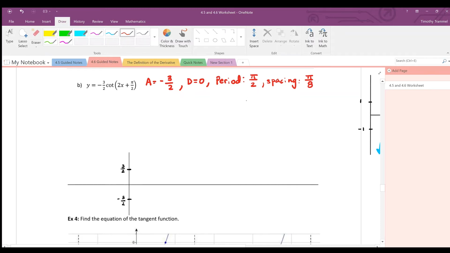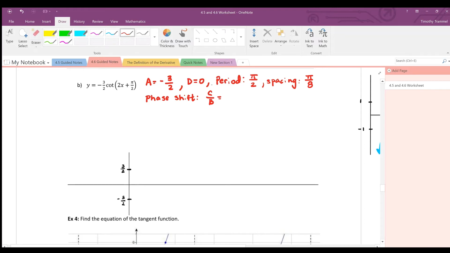And then there's one last thing, the phase shift, which is given by the formula C over B. Or if you want, you can factor in here. Either one of those works. Okay. But our phase shift, C over B, well, our C, it's always the opposite sign.